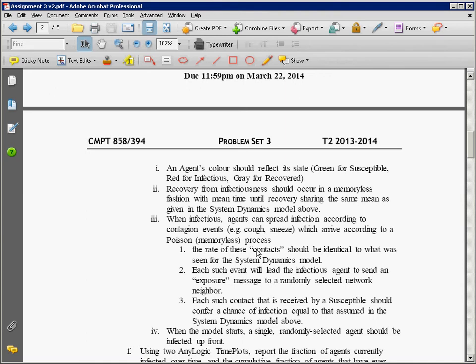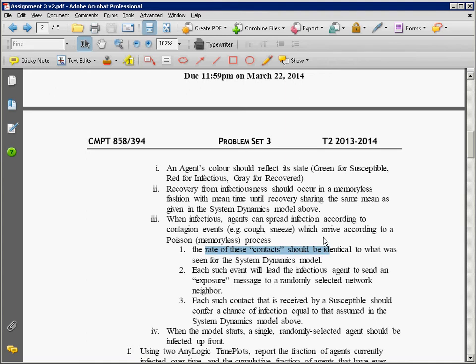No, because, these are really good questions, but here there's going to be a rate of contacts, the rate of exposures. Let's think of it as exposures. Contacts would be another word for it. So the rate of exposure events, things like sneezes or coughs.